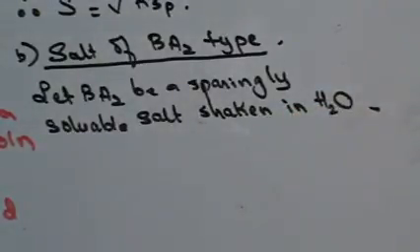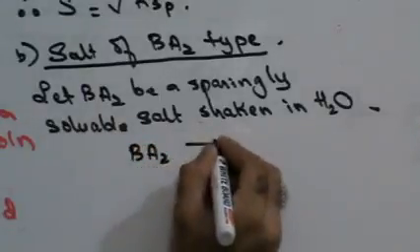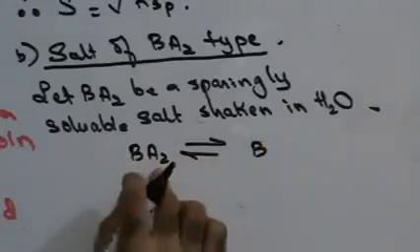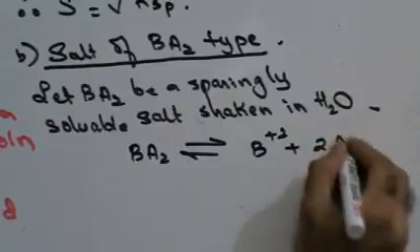So in that case I can say that BA2 when shaken in water will give you a saturated solution with B. If it is BA2, that means the valency of B must have been plus 2, and A minus.